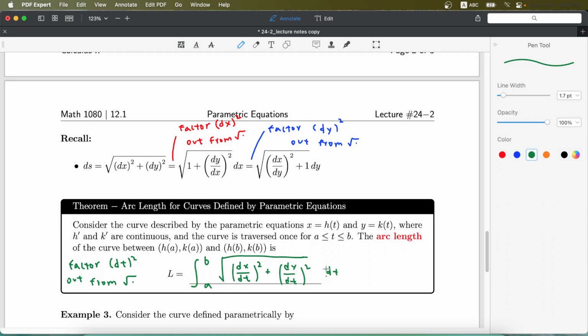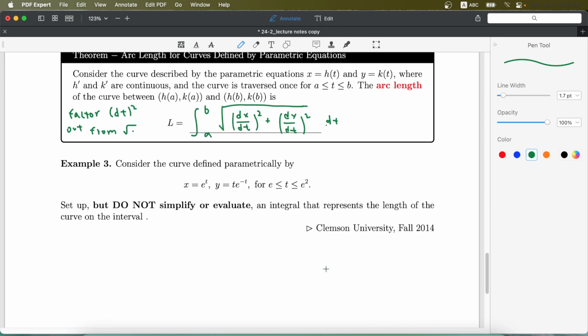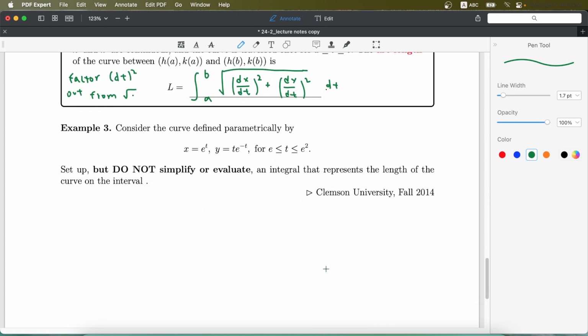Let's take a look at example 3. Consider the curve defined parametrically by x equals e to the t, y equals t times e to the negative t, where t is between e and e squared. We want to set up, but not simplify or evaluate, an integral that represents the arc length of the curve on the interval.